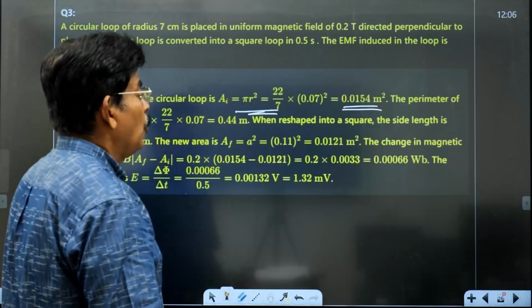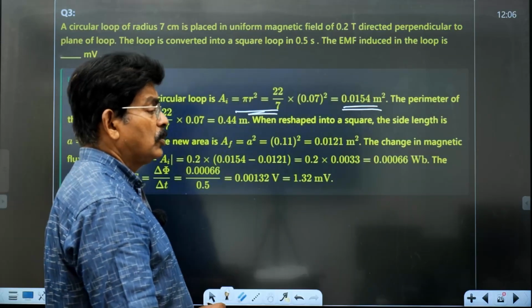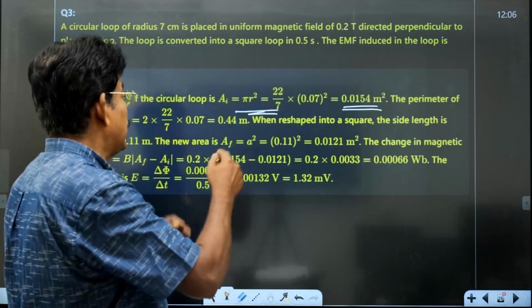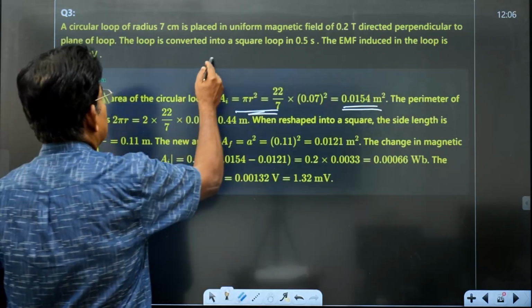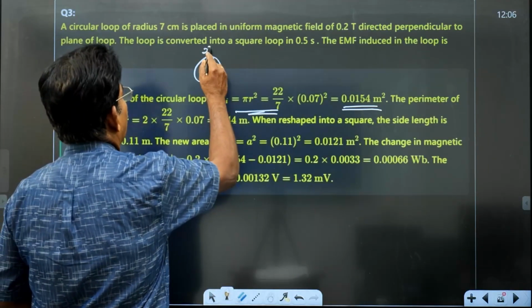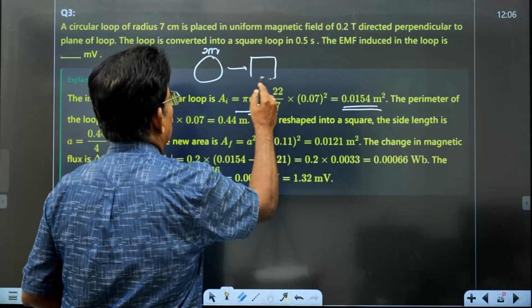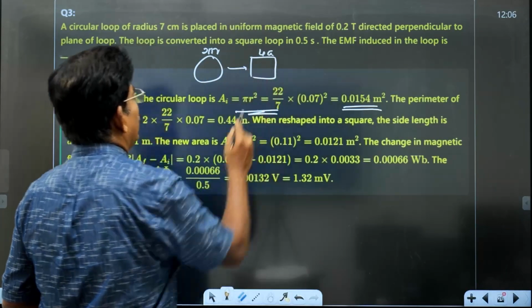Okay. Now when you come to the square loop, first you have to get the side of the square. The circular loop of perimeter 2 pi r is changed into a square loop of perimeter 4a.